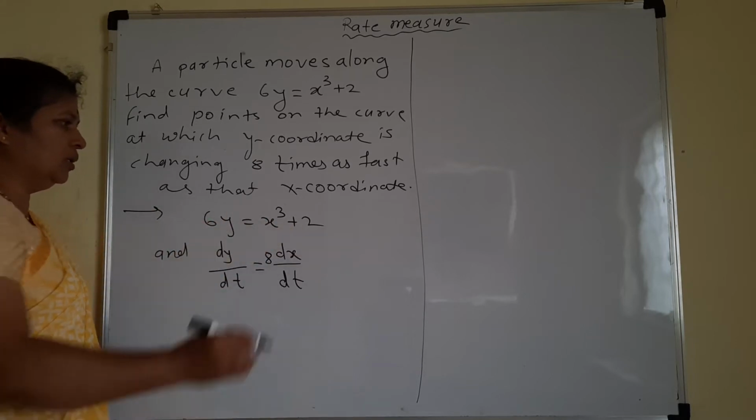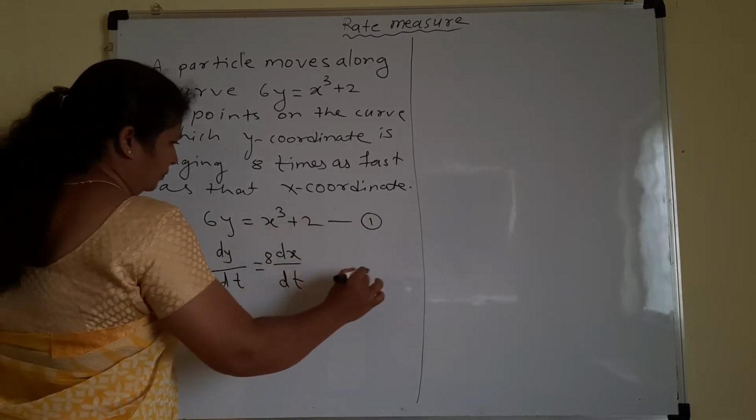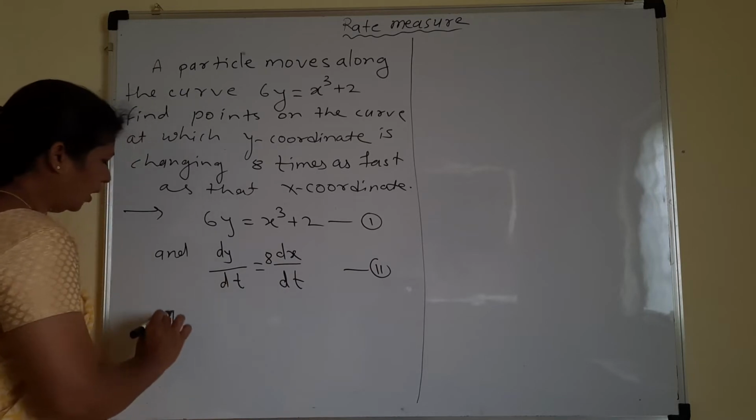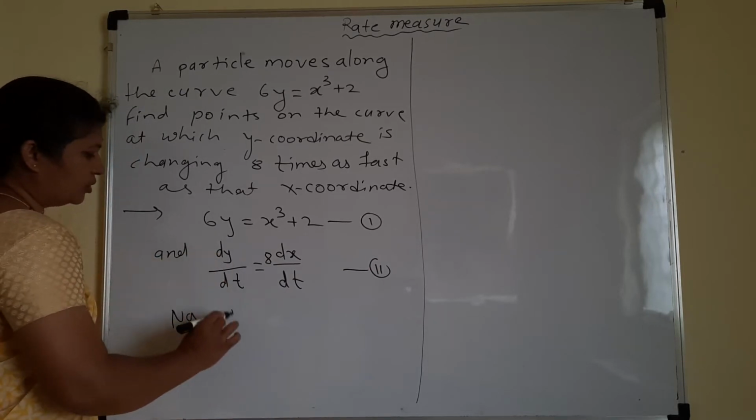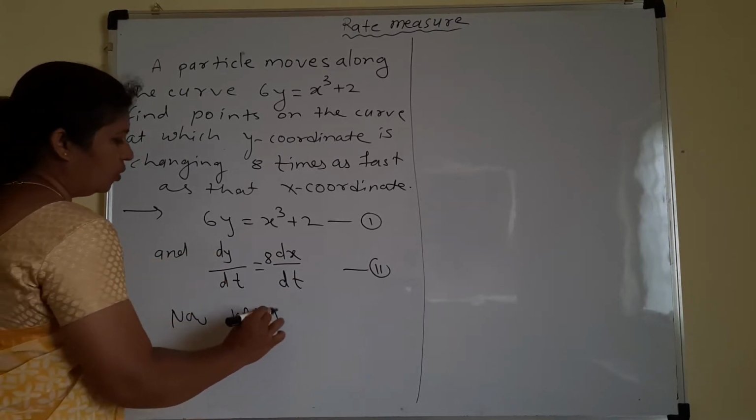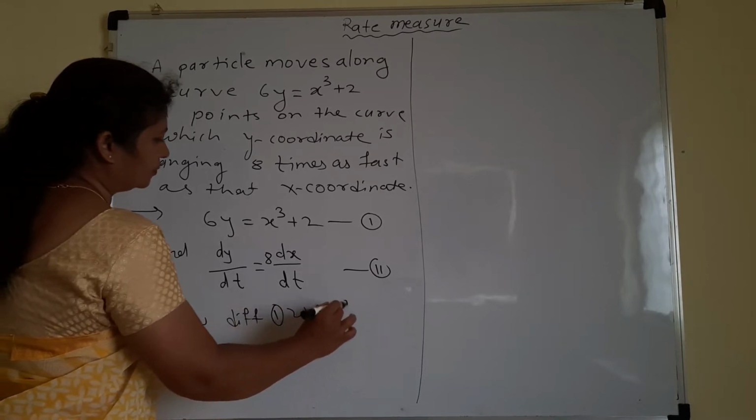Now I will consider this function, suppose this is equation 1 and this is equation 2. Differentiate equation 1 with respect to time.